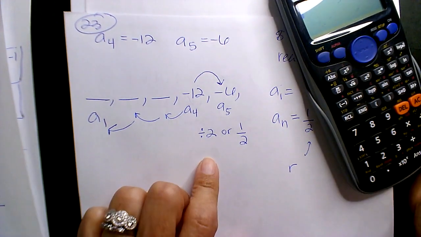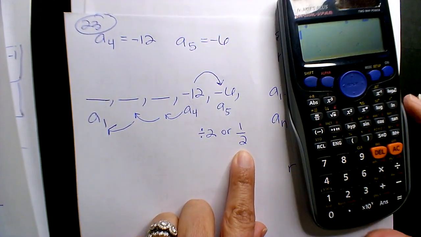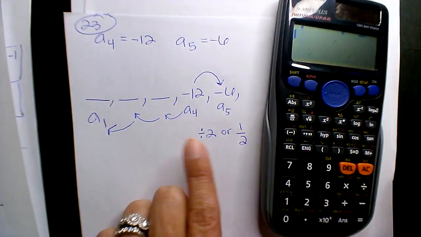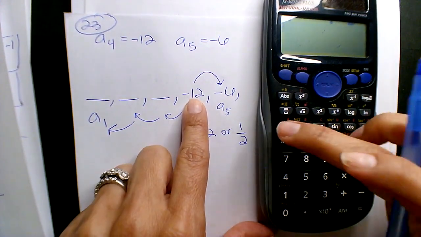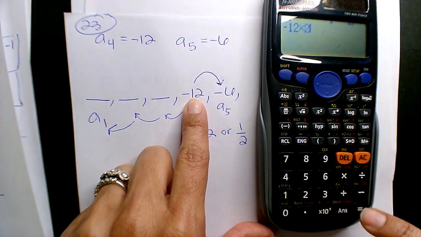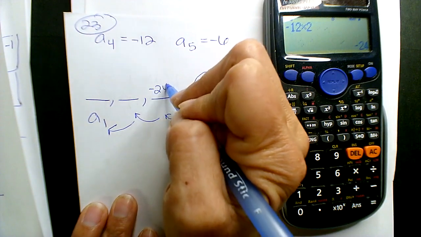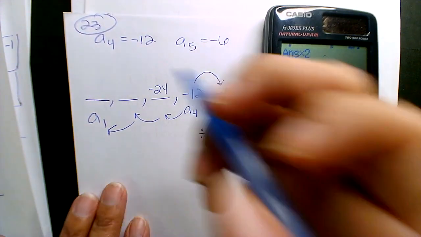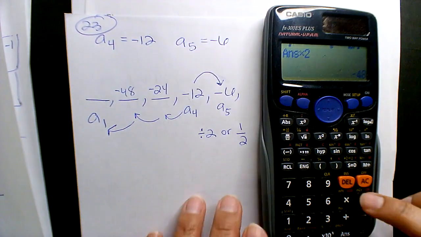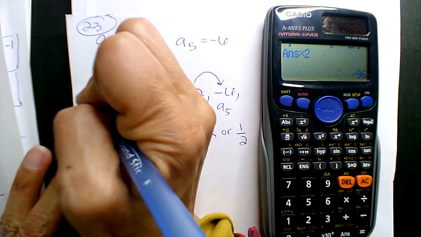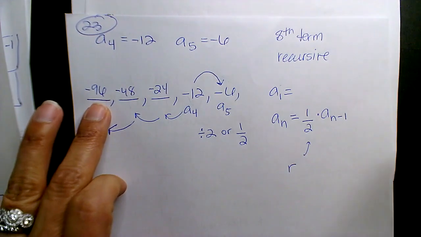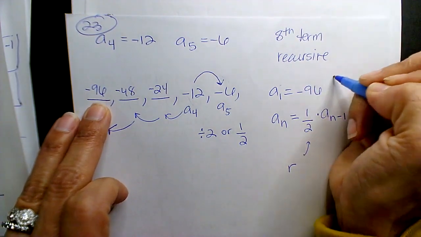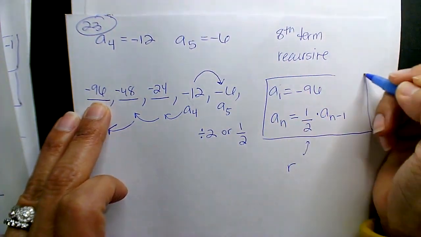Yeah, because what's the reciprocal of 1/2? Times 2. So negative 12 times 2, negative 24. Wait, can you guys see? Yeah. Times 2, negative 48, times 2, negative 96. And so that is my first term, and this is your recursive.